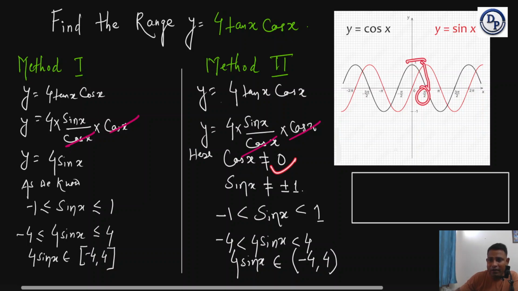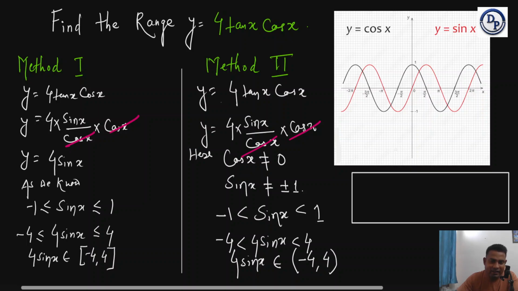Whenever this value occurs, like 3pi/2, here again cos x is 0, but sine at 3pi/2 gives us -1. So we cannot take these values, because at these values cos x becomes 0 and sin x becomes +1 or -1.